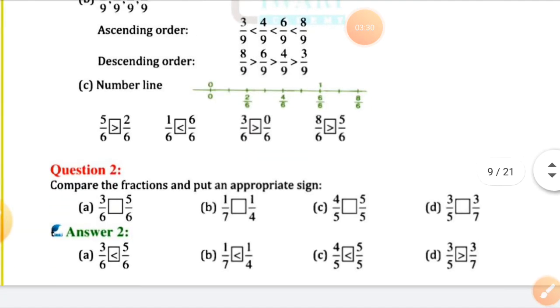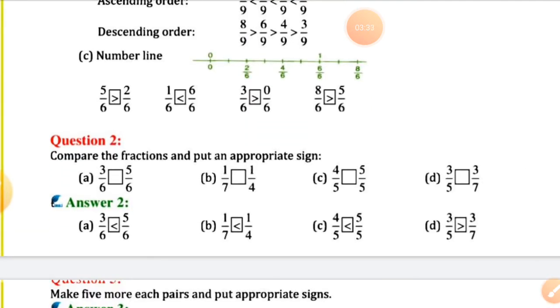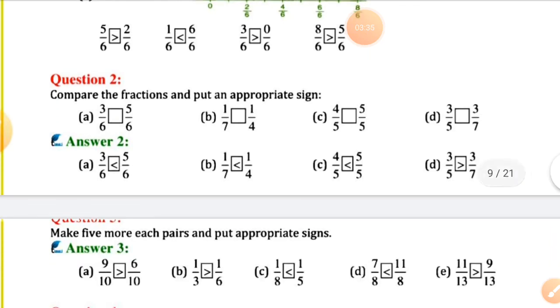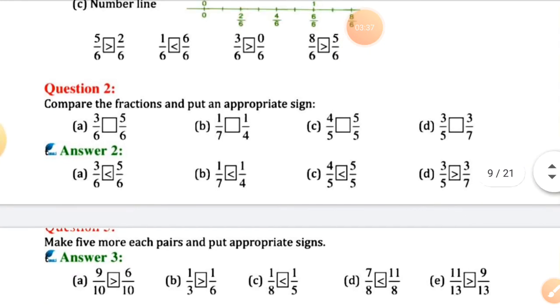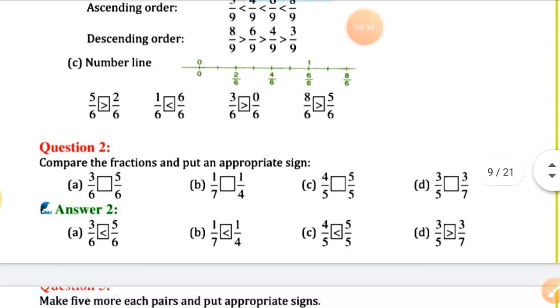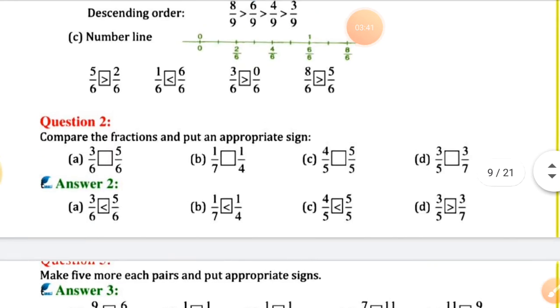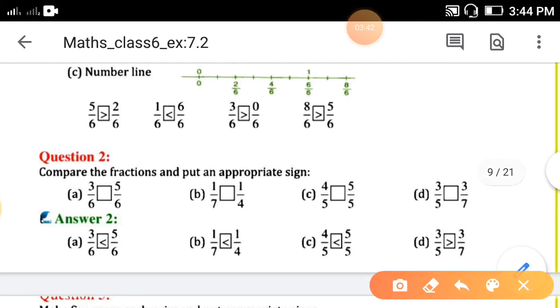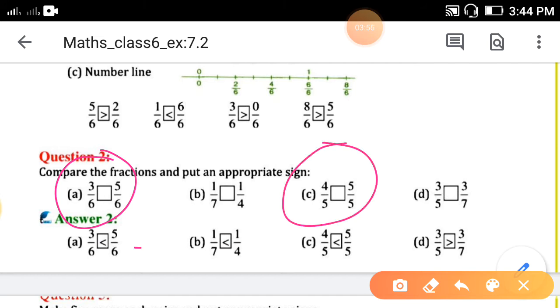Question number 2. Compare the fractions and put an appropriate sign. So look at the examples. Here first one, it means A and C. You can see the numerator.